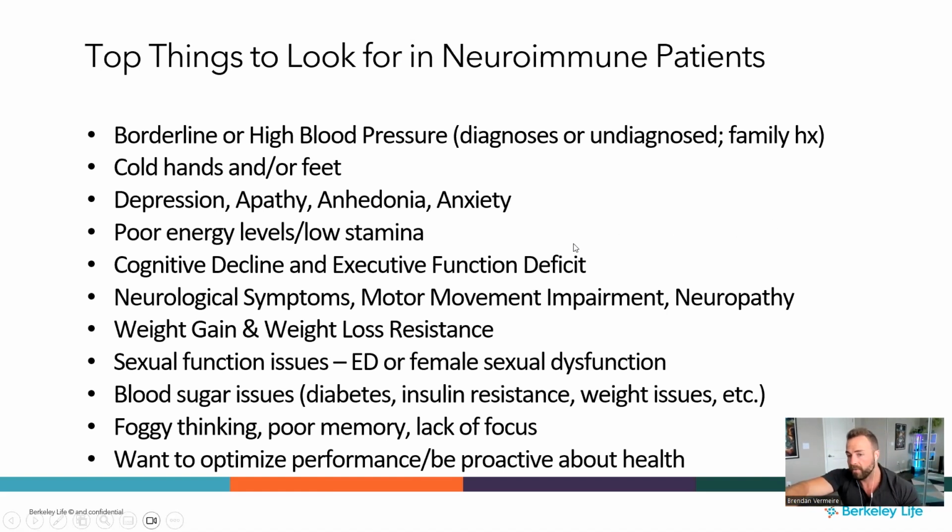So also be looking out for extremity peripheral neuropathy or cold hands and feet, indicators of poor circulation or hypoperfusion, fatigue, cognitive deficits, and of course, especially with more progressed neuroimmune activity or neurodegeneration, there might be more cognitive decline, more symptoms of dementia, executive function deficit, and even different neurological symptoms, whether it's motor movement impairment or the neuropathy, but it could also present metabolically with weight gain or weight loss resistance, sexual function issues, blood sugar issues, and so on and so forth.